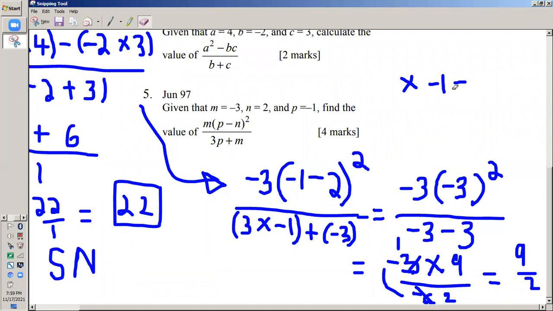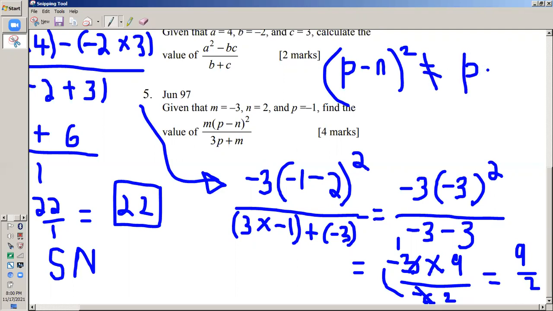Oh, I see how you're reasoning it out. So no. Look, let me show you. It's not p subtract n squared. It's not the same thing here.